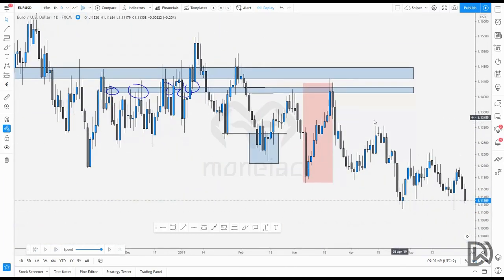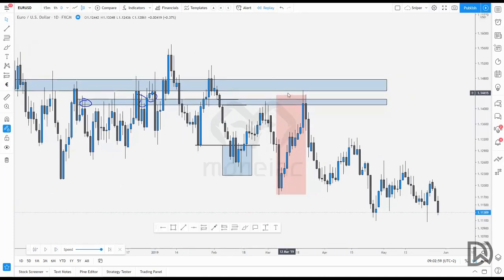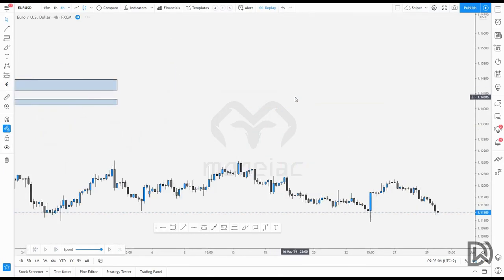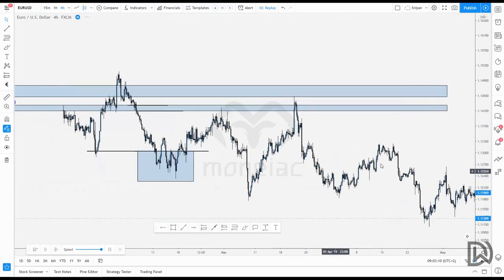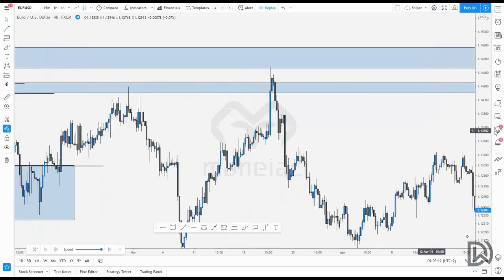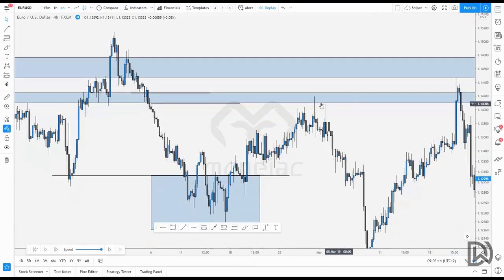So these are now all concepts on the daily. If you have this in mind and you drop to the lower time frame, that is where you will look for more detail. So in this area, if we drop to the 4 hour, what do we see on the 4 hour? Well, on this first sell-off, we can see on the 4 hour we have an order block as well.